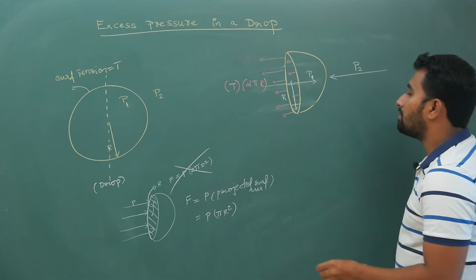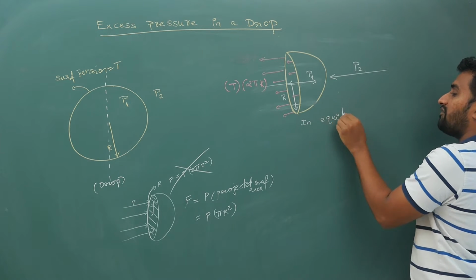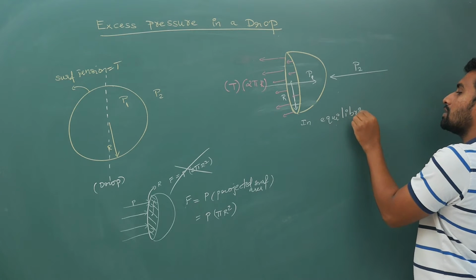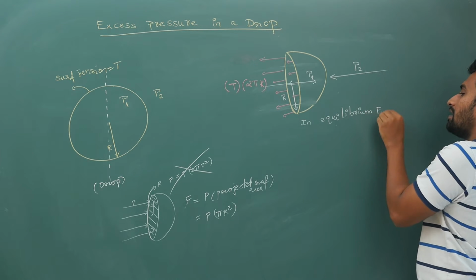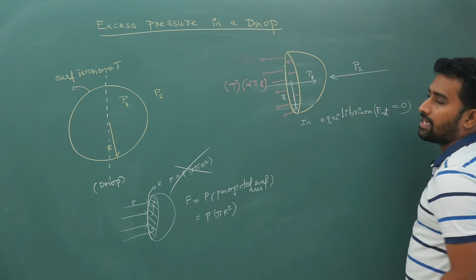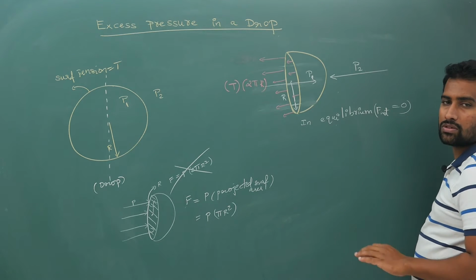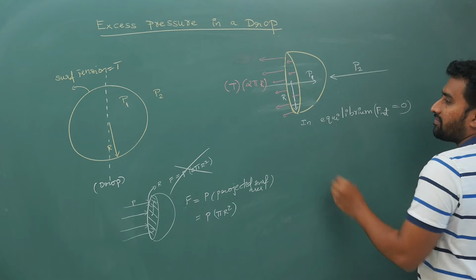Now in equilibrium, net force is equal to 0. That means whatever force is acting towards left minus whatever force is acting towards right is equal to 0, or left force is equal to right force.